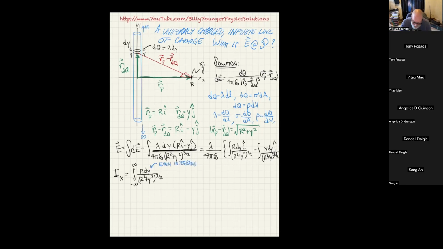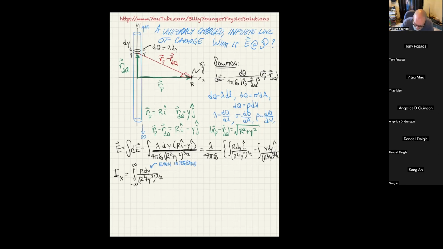So the archetypal even function really is the cosine. And if you integrate an even function over a symmetric range, you can cut the range in half and just multiply it by 2. So instead of going from negative infinity to positive infinity, I can just multiply by 2 and go from 0 to positive infinity. That's what we're shooting for here. So that's one of the things that we can use to make life a little simpler.